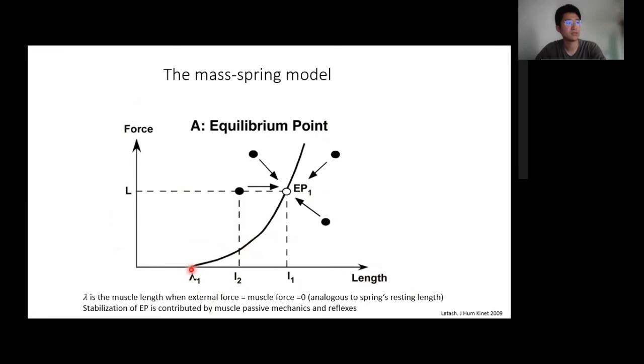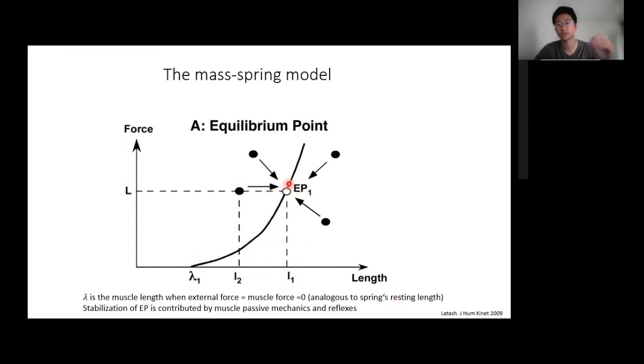If the length increases and exceeds the zero length, it will generate force to balance this increase of length. For example, if your length is at L1, but your zero length is at lambda, then the system will arrive at a point with force L. This point is called the equilibrium point. It consists of both force and length components.